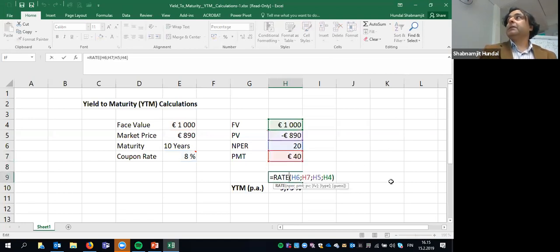And then we use the spreadsheet function, and the function is called rate. Rate H6. Well, H6 is what? Time period. H7, the amount you get. H5, the amount you invest. H4, the face value. You can see it's written here. Number of periods.